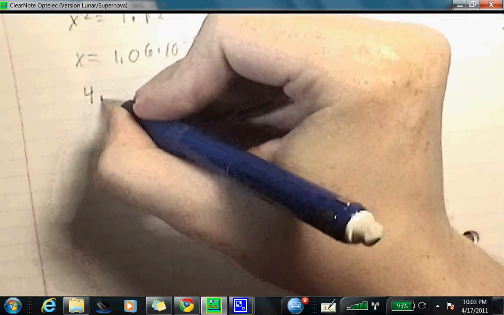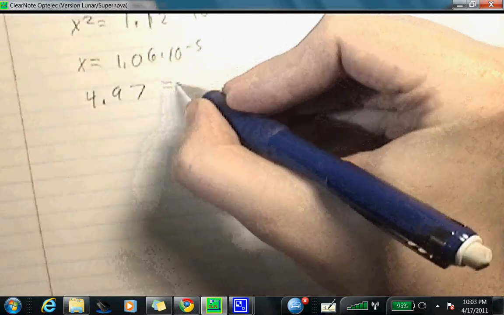We're going to take the negative log of this, and we're going to get 4.97, which equals our pH.